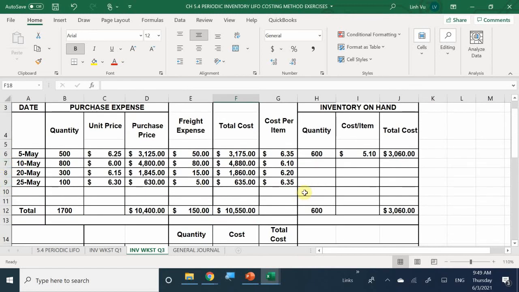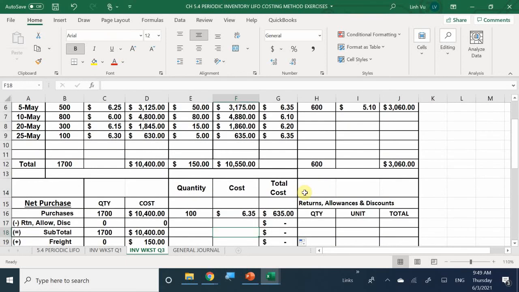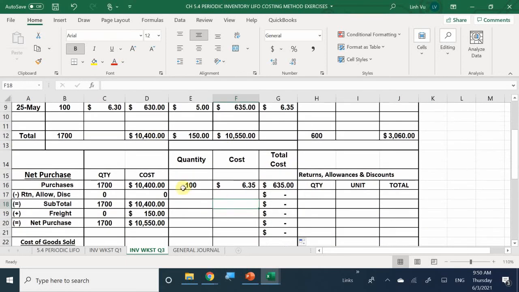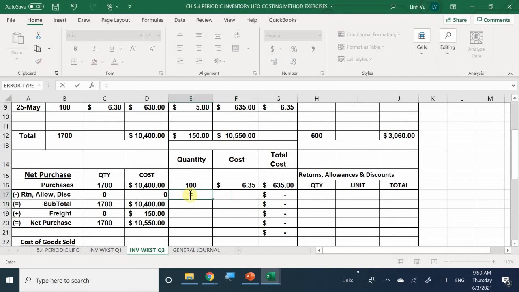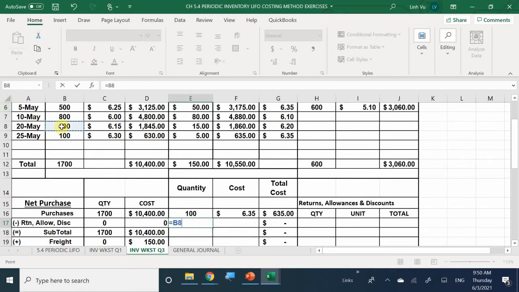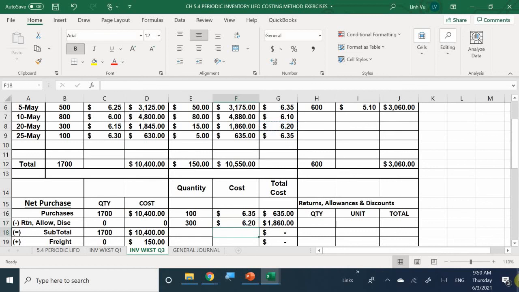Which batch are we going to take out next? May 20th, for 300 quantity. Yes. So 300 at 320.